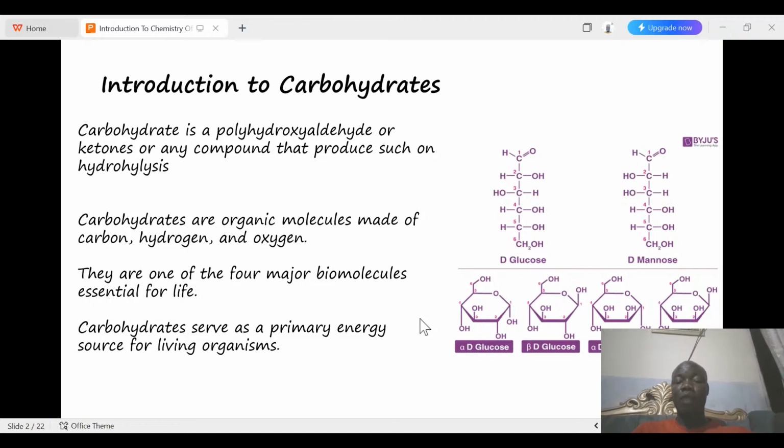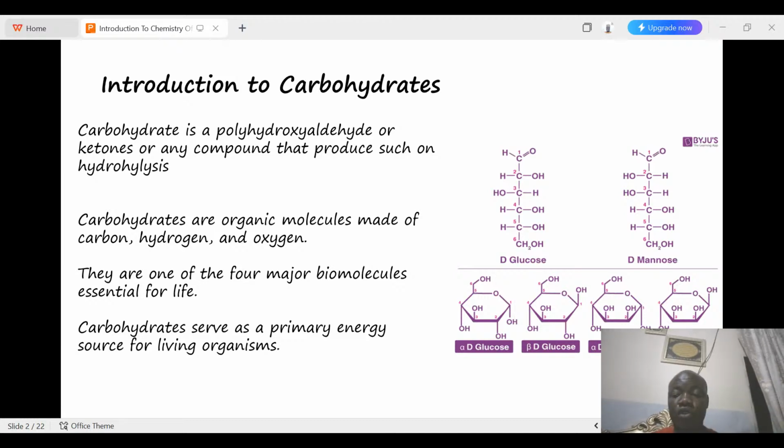A carbonyl carbon is a carbon that has a carbon to oxygen double bond. Whenever you have a compound that has a carbon to oxygen double bond, that carbon is called a carbonyl carbon. So when you have a carbon bearing an oxygen double bond, that carbon is called a carbonyl carbon.